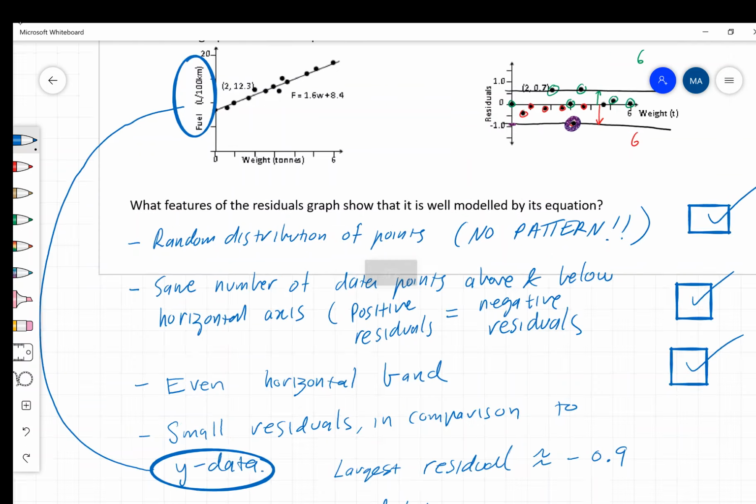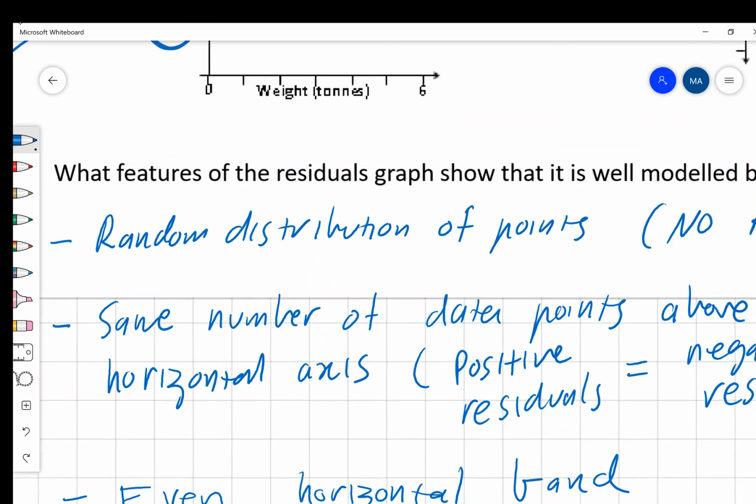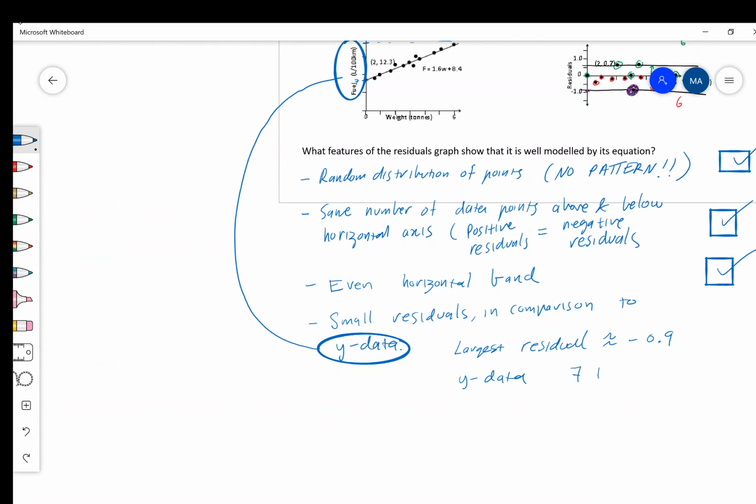We can estimate here that the biggest ones are at about 18 litres per 100 kilometres, and this one here, what have we got here, 5, 10, so that's probably about 7. So it ranges in size from about 7 to 18.